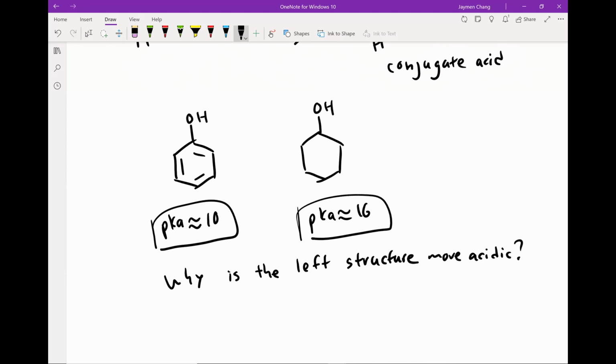In this case, we know what the pKas are, right? So we know that it is more acidic, but why is it more acidic? We're asking for a rationale or explanation. Does anyone have any ideas?